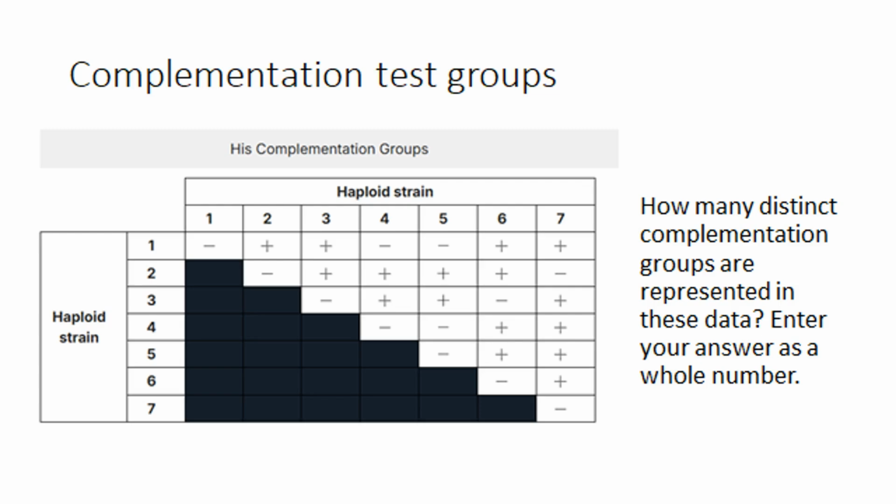The other group contains 2 and 7, and the other contains 3 and 6. This is the complementation group. So in this example, we have 3 groups: group 1 contains 1, 4, 5, group 2 contains 2, 7, and group 3 contains 3, 6.